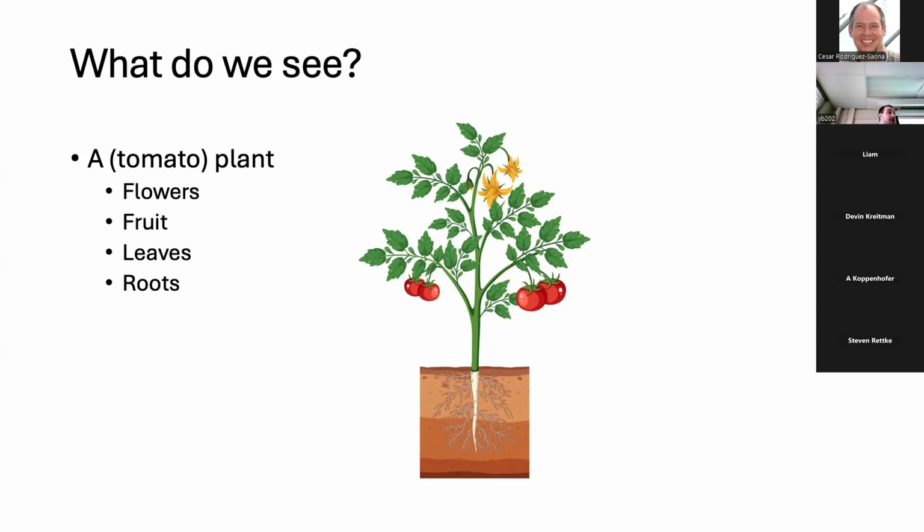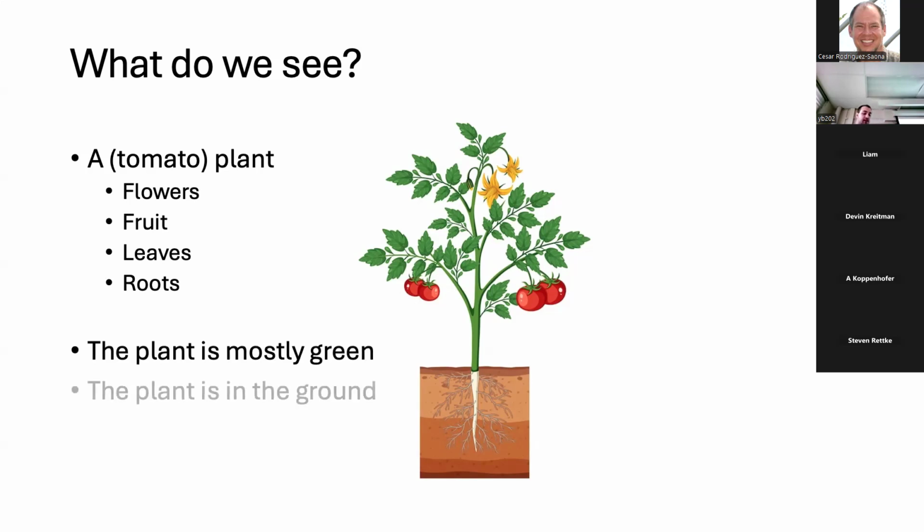Blooming. It's blooming, yeah. It's also green, right? Tomatoes are red. We see a lot of things here. The plant is in the ground. So then the big question is why? Why are all of these things the way they are? Why is the plant green? Why are there flowers and fruits and roots?